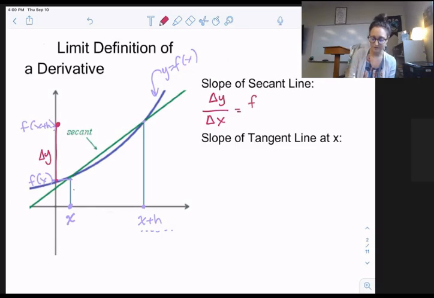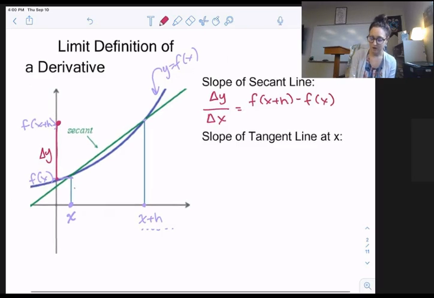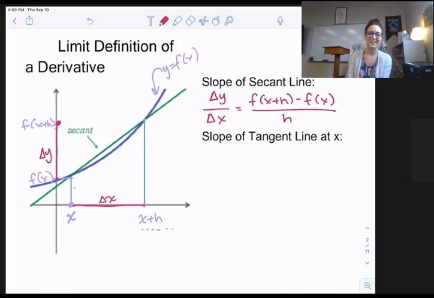So that will be f of x plus h minus f of x, that's my rise, right, over, now my run is right there, that's my change in x, okay? So I've got x plus h minus x, in other words, just h, correct? So that's the slope of the secant line.